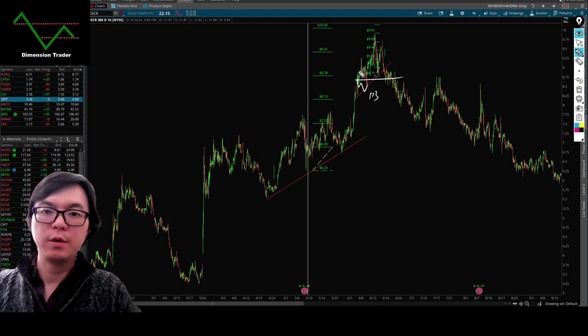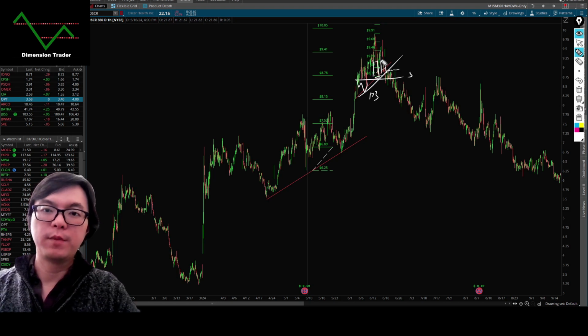Dimension 3, support, trend line, hammer, and price bounces back to the support. We key in the entry here, stop here, and target 1, target 2, target 3.